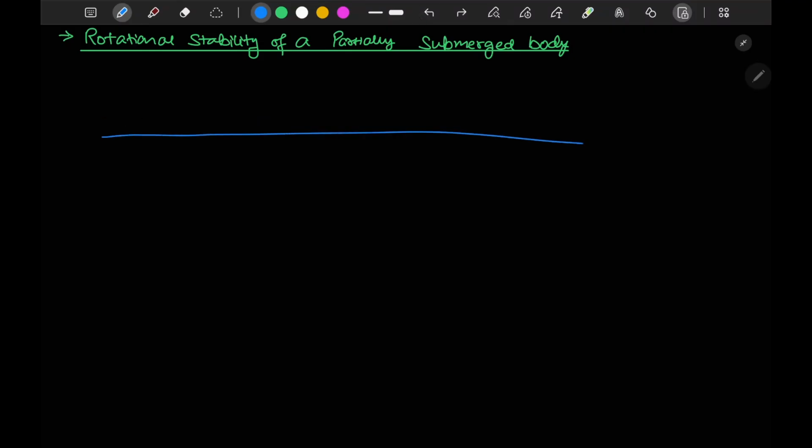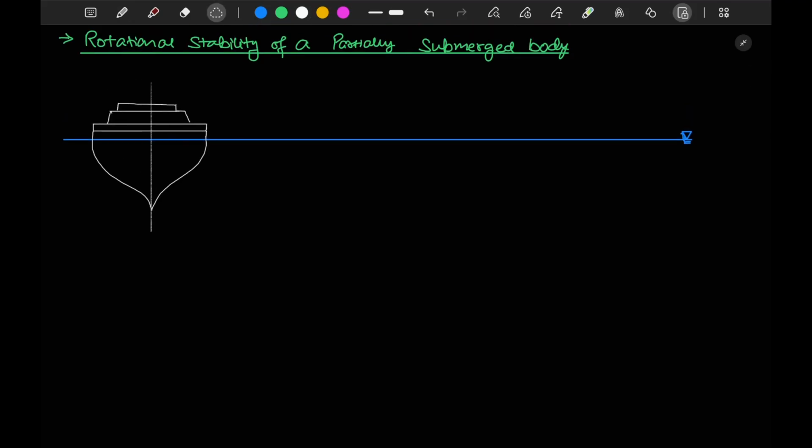So this is your free surface. Now let's say we have a boat, or let's simply consider a floating body example. Let's say this is the hull of a ship.